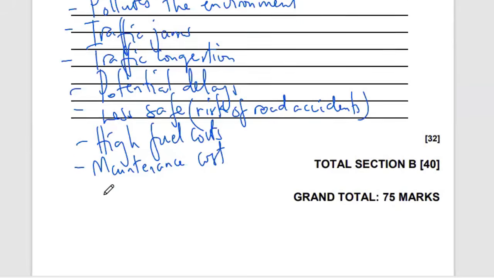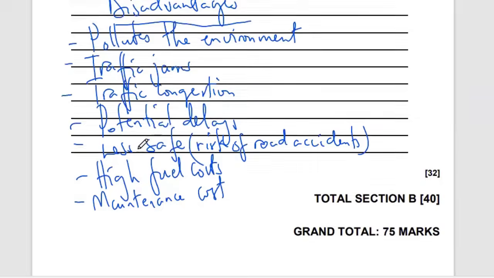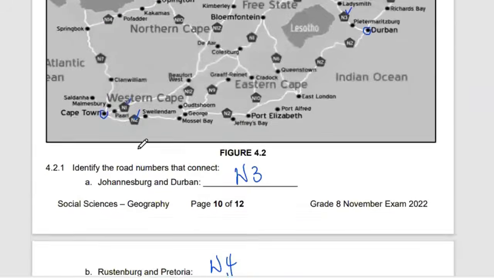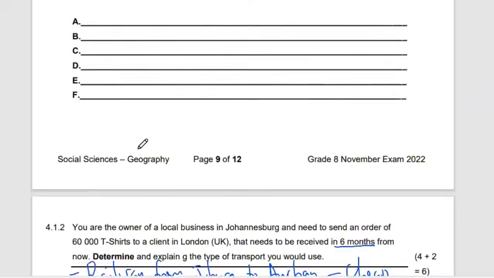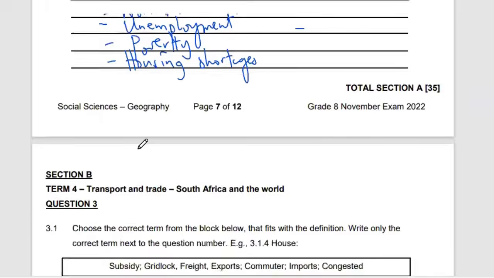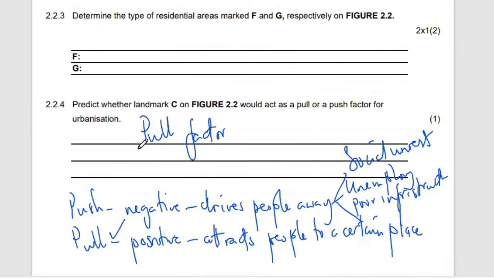Right, so basically that takes us to the end of our paper, of 75 marks. The idea is that you must be well versed with the concept of settlement in relation to South African settlement patterns and also African settlement.